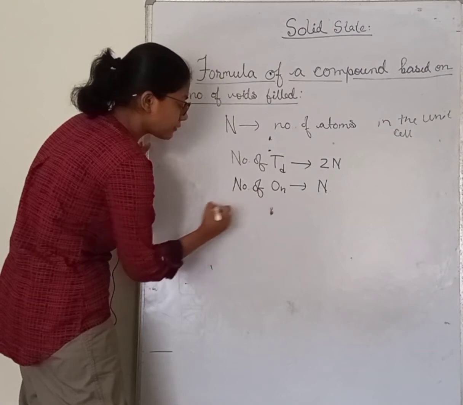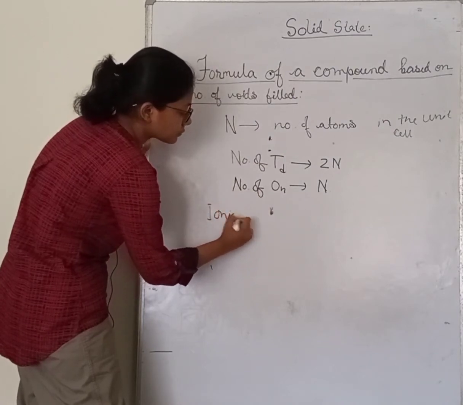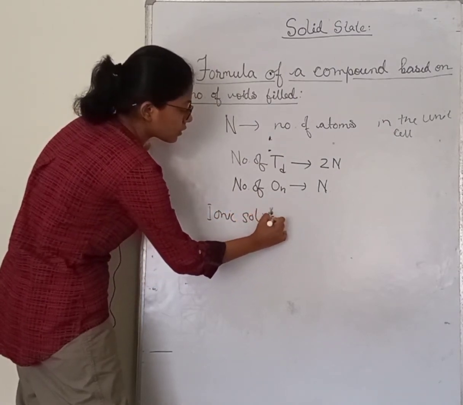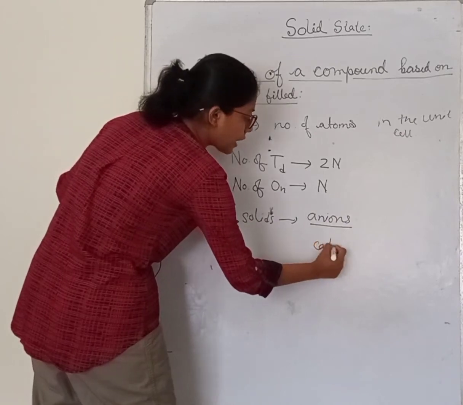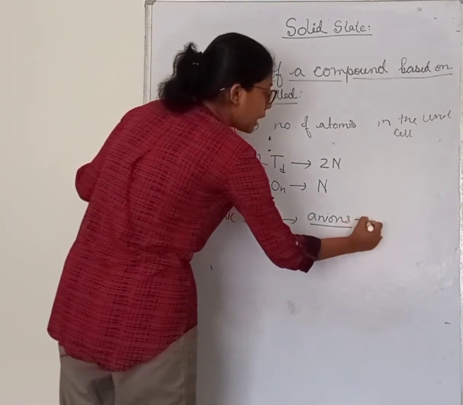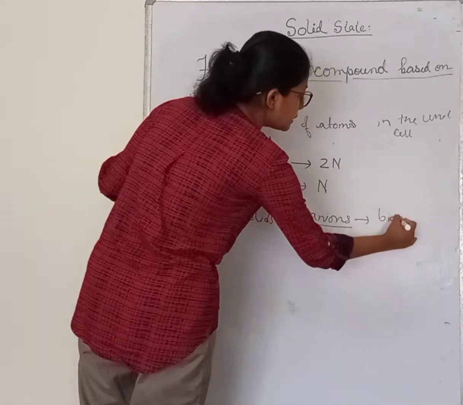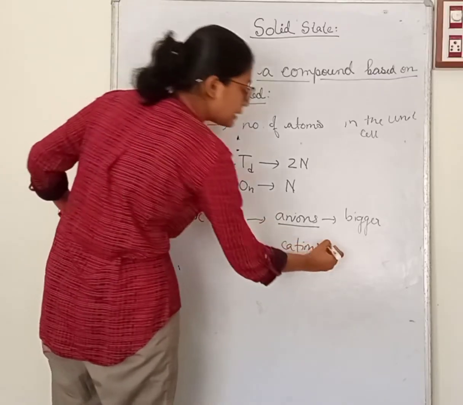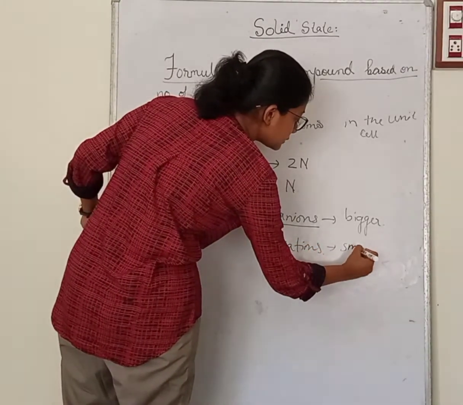So in the case of ionic solids, we have anions and we have cations. Anions are usually bigger in size and cations are smaller in size.